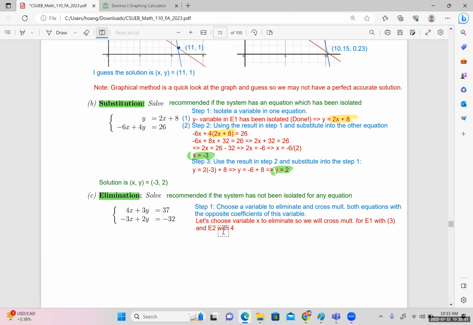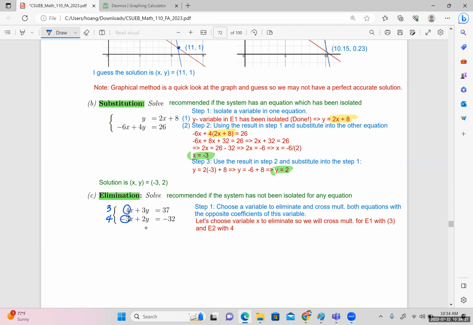Okay, so now as you can see, I am having 4 and -3 here, right? So I will multiply by 3 and 4.